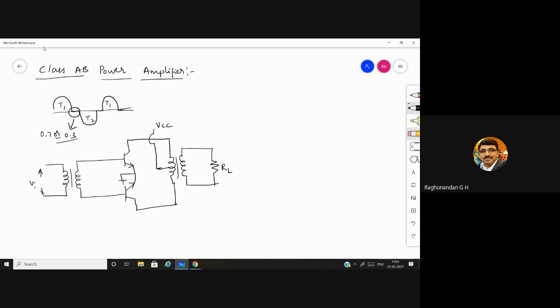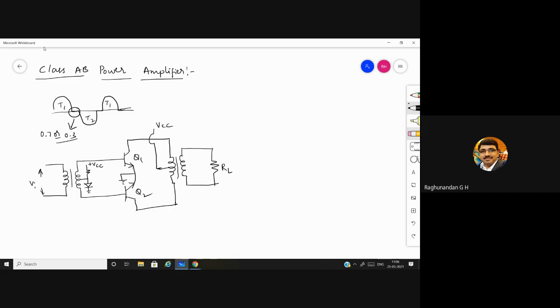To this, we are going to add a diode at the secondary of the first transformer. Since this kind of connection is being done, let us take this as Q1, Q2. So this kind of connection is done.